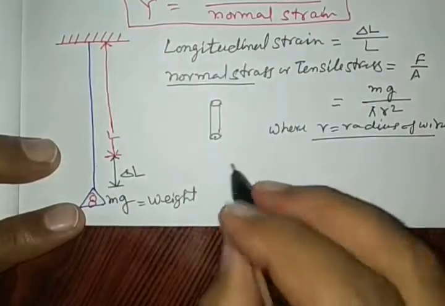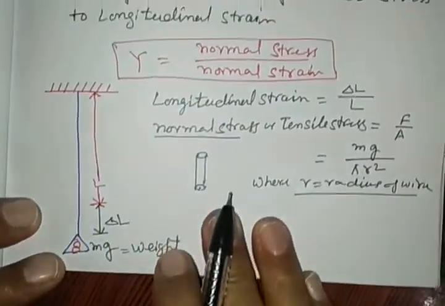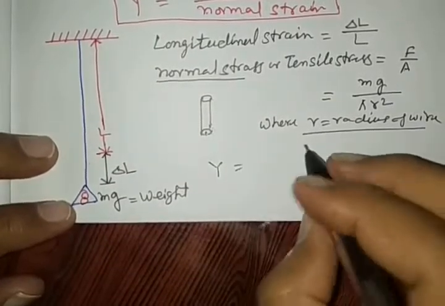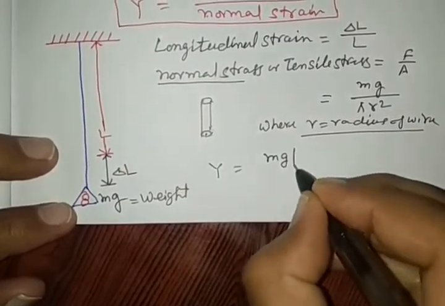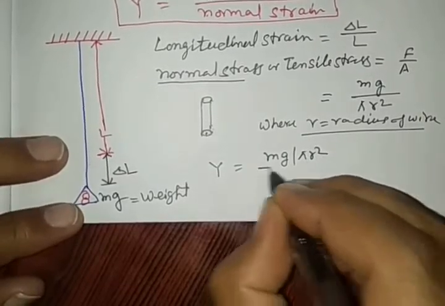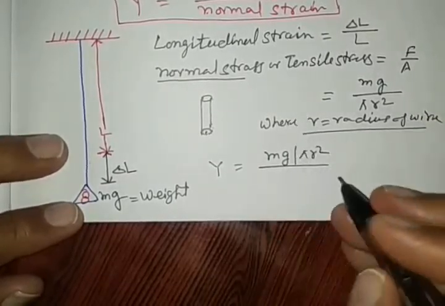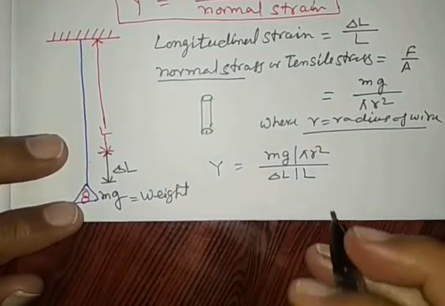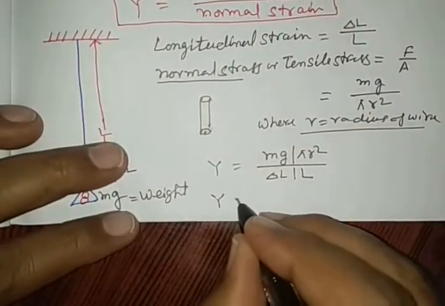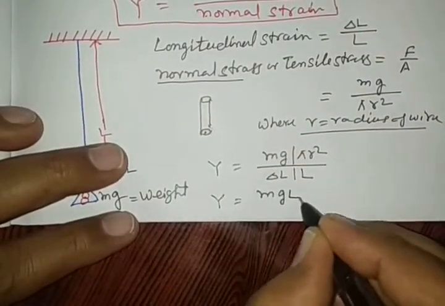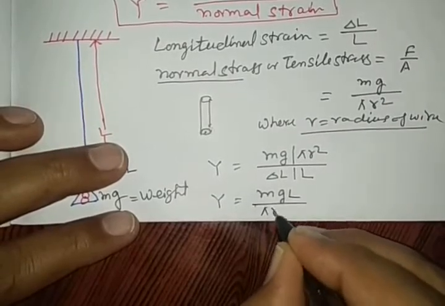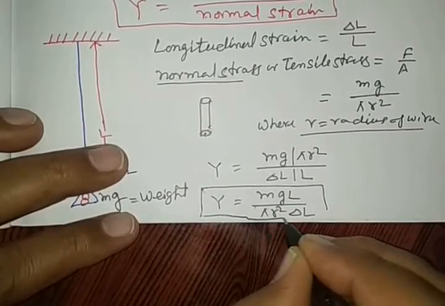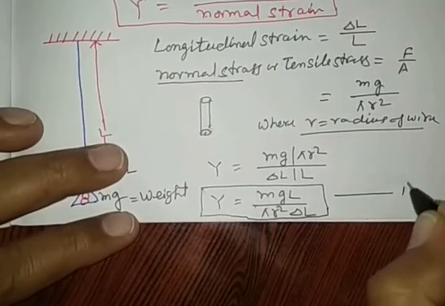Now putting this value in Young's modulus equation, gamma is equal to normal stress, that is mg by pi r square, by longitudinal strain, that is delta L by capital L. In that condition, gamma can be written as mg capital L by pi r square delta L. See, this is the formula and represented by equation number 1.